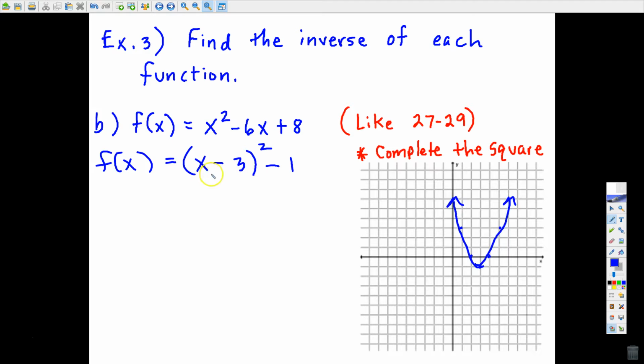Now let's work on coming up with the inverse function. So once again, treat this as y, switch places with x and y, and solve for y. First move will be to add 1 to both sides.